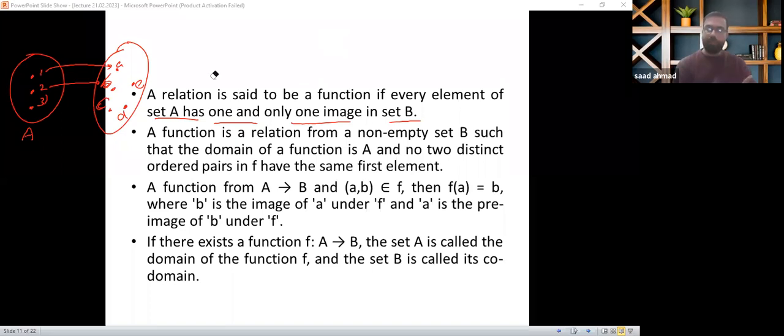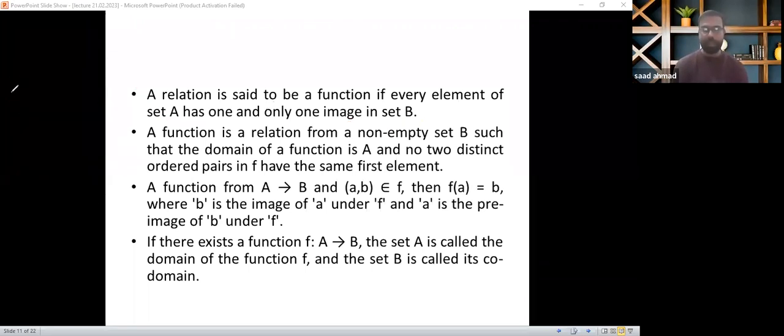But it's okay if different inputs give the same output. Let's say we make a machine, a function which tells us the age of students when we enter the name.